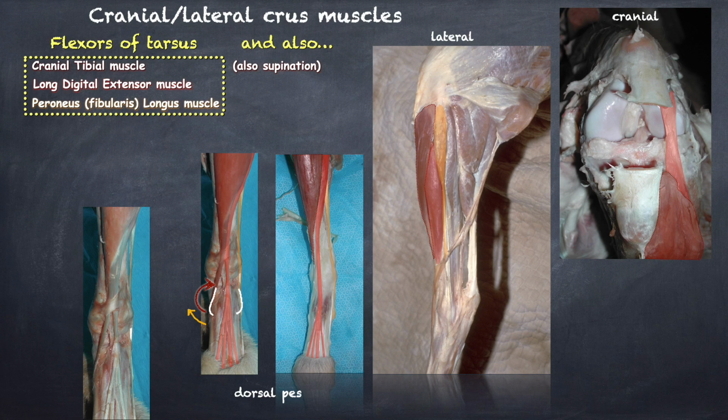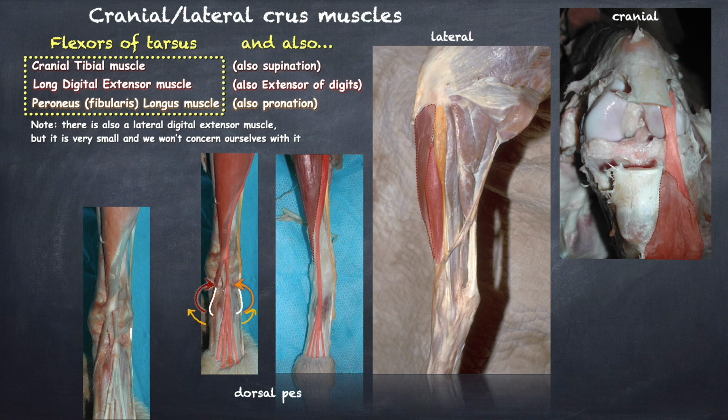Long digital extensor muscle also, it's in the name, extends the digits, and then the peroneus longus also does. It's coming around the lateral side to attach to the plantar aspect of the metatarsals, so it's going to pronate. Okay? So when the animal's walking on uneven surface, it helps prevent them from over-rotating either way. Okay? But together they're going to do a great job of flexing the tarsus.